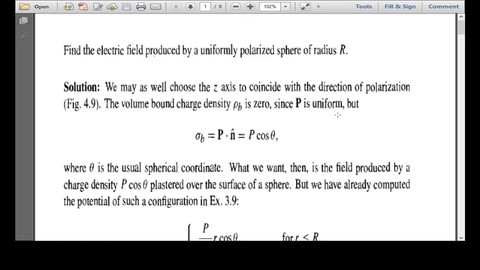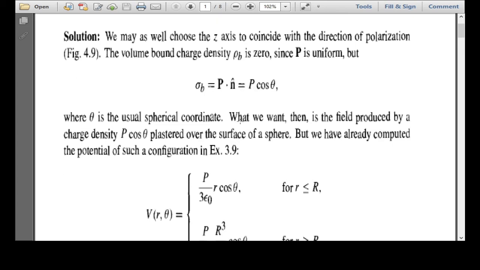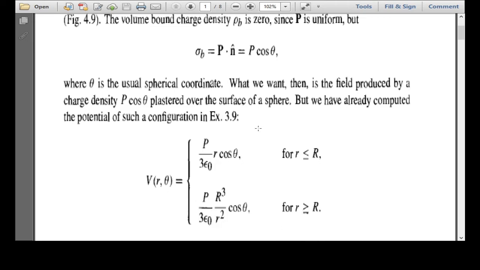The surface bound charge density is P dot n, that is P cos theta, where theta is the usual spherical coordinate. The field produced by a charge density P cos theta over the surface of a sphere, we have already computed the potential of this configuration in another example.